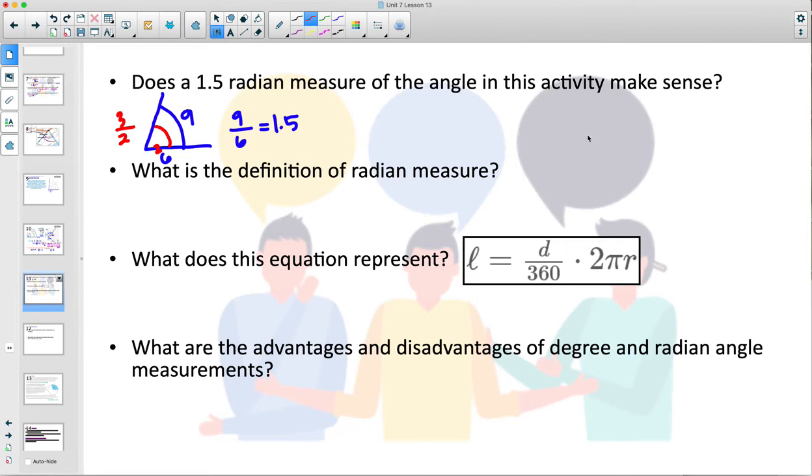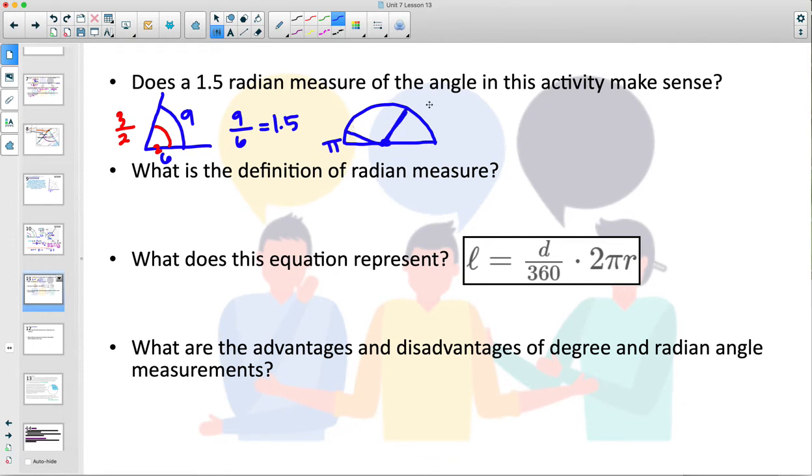Well, when we think about a circle, and half of a circle, if this is pi, we think about 3 radians fitting in here. We know about 3 radians fit in. So if I split 3 in half, and when we did that string activity, 3 radians went to about here.